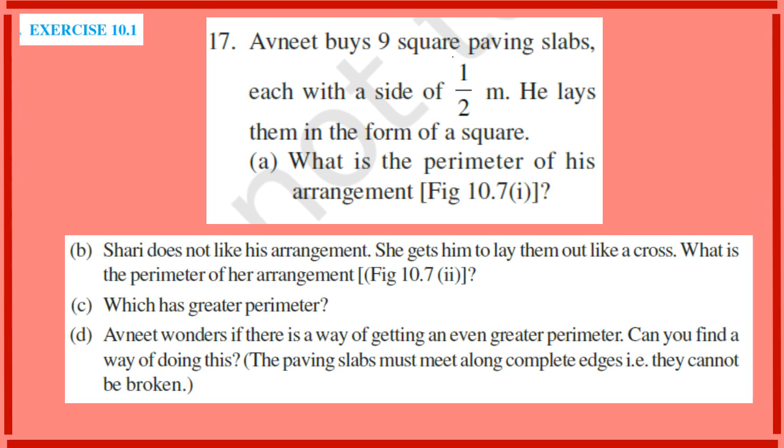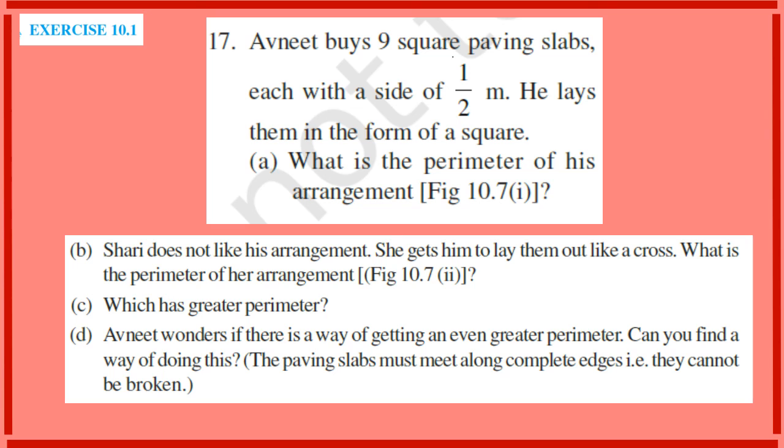She gets him to lay them out like a cross. What is the perimeter of her arrangement? Which has greater perimeter? Avneet wonders if there is a way of getting an even greater perimeter. Can you find a way of doing this? The paving slabs must meet along complete edges. That is, they cannot be broken.